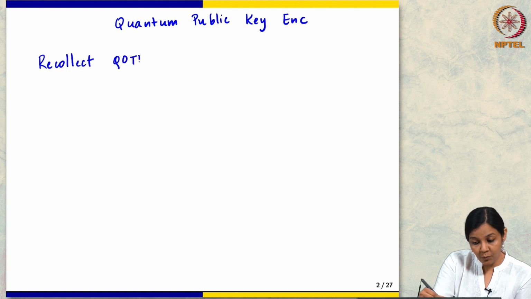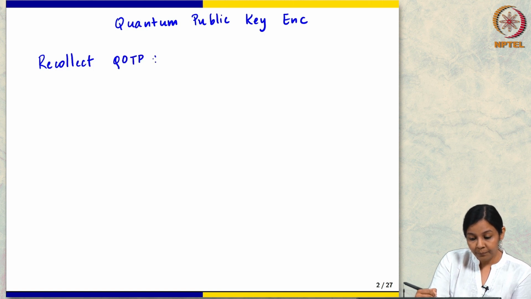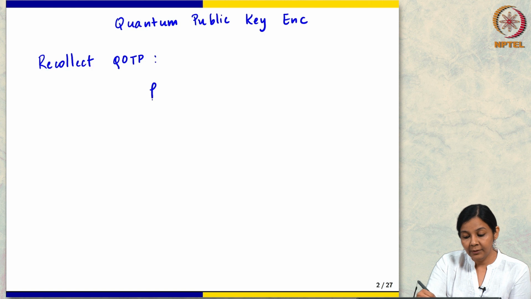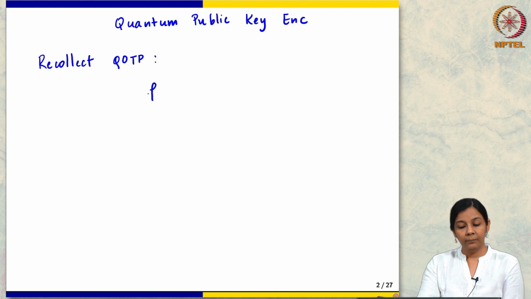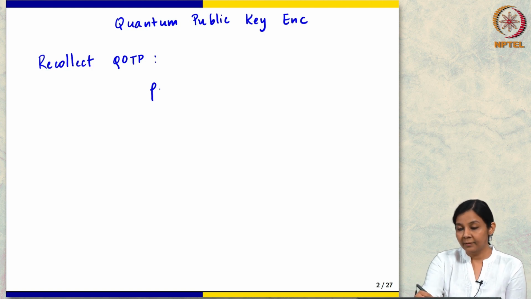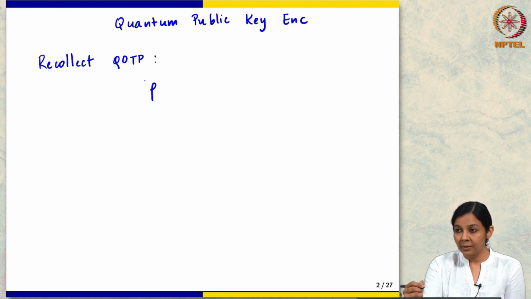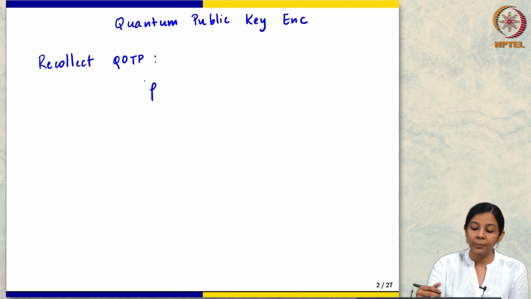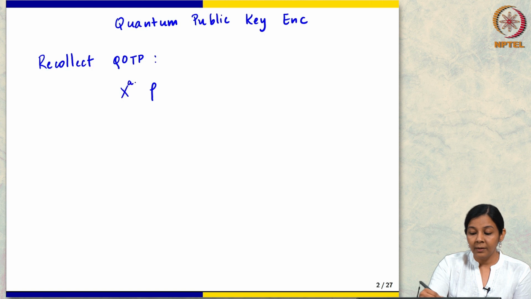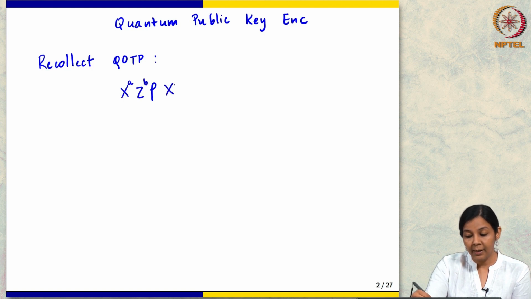Okay. So, for the QOTP, if I had some arbitrary mixed state rho, what we were doing in order to encode this arbitrary mixed state into a state that reveals no information is that we were applying some X to the a, Z to the b, right.